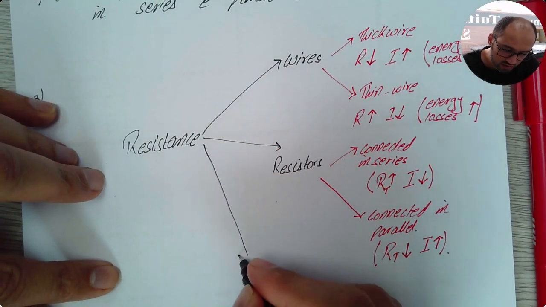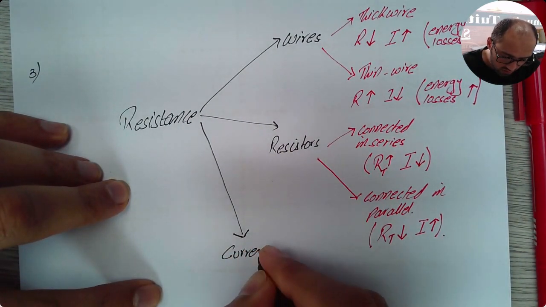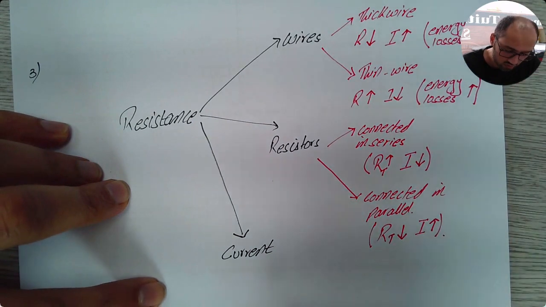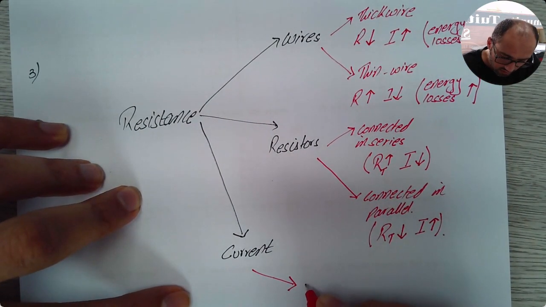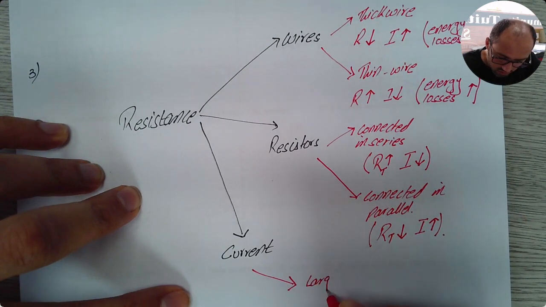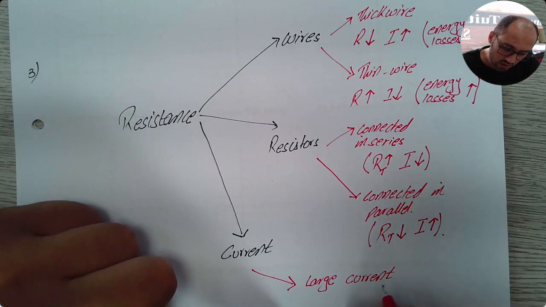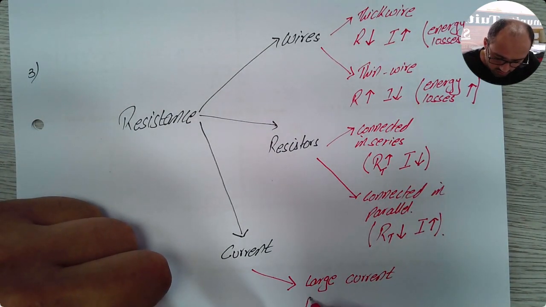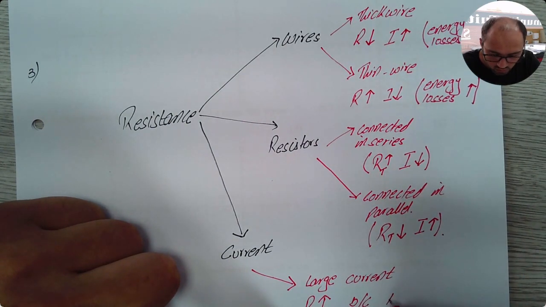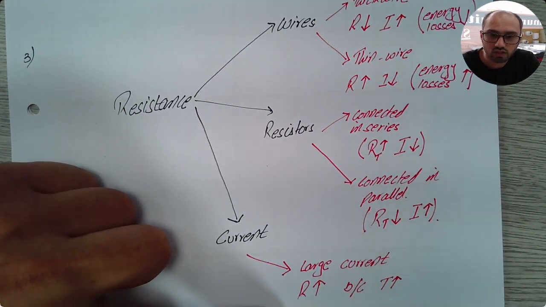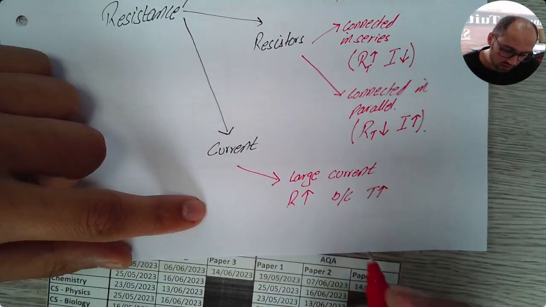Third thing that we need to consider when it comes to resistance is current. If you use large current, then your resistance will increase because this large current will cause the temperature of the wire to increase, and as a result of that your resistance will increase.